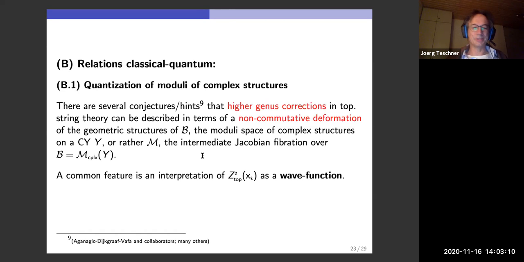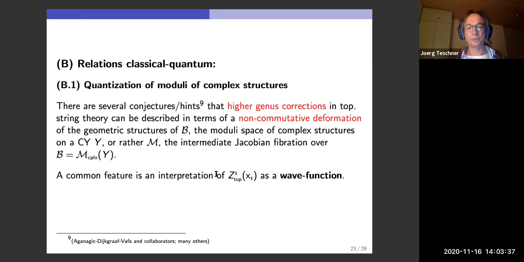It was argued for a long time that holomorphic anomaly corrections can be described in terms of non-commutative deformations of the geometric structures which are relevant here, which are the base or possibly the intermediate Jacobian fibration. A key feature of all this is to interpret the topological string partition function as wave functions.